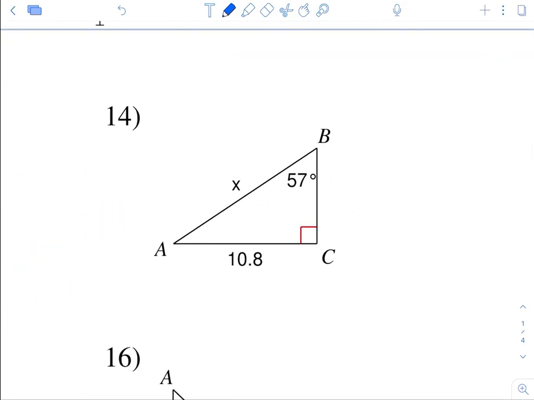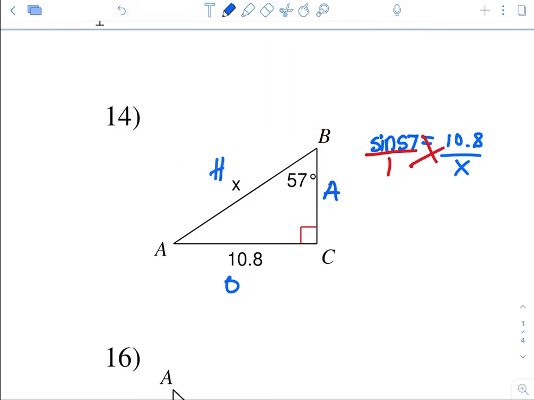14. In the perspective of this angle, we got opposite, hypotenuse, and adjacent. There's information at O and H, so that means we have sine. So sine of 57 is equal to opposite over hypotenuse. Cross multiply.